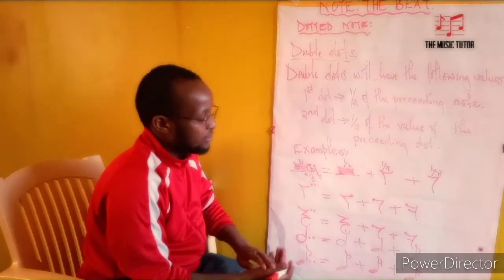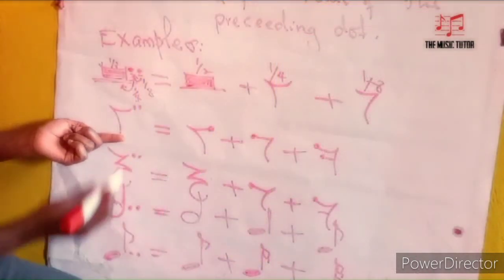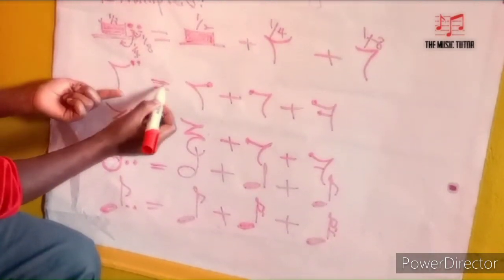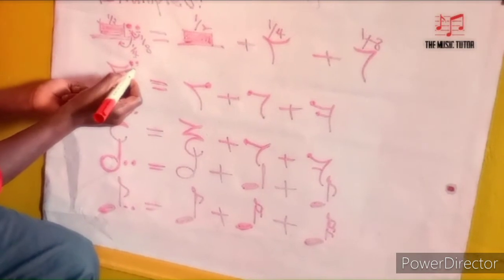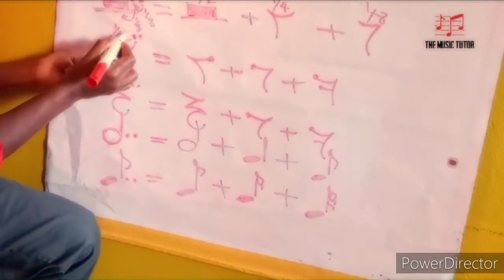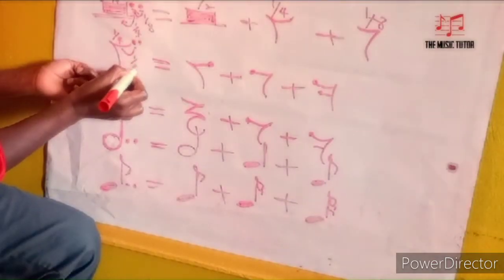The second example. This is the rest of a crotchet, double dotted. This first dot will carry half the value of this crotchet, meaning it will be an eighth.